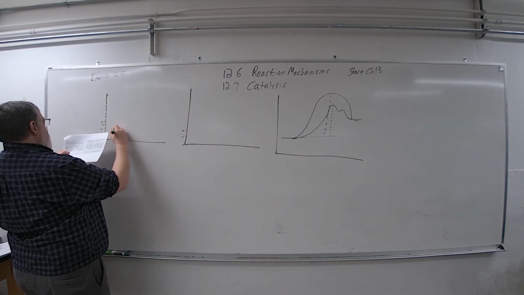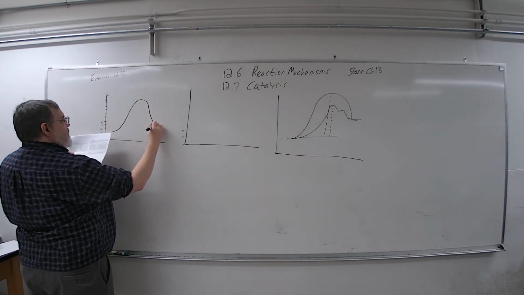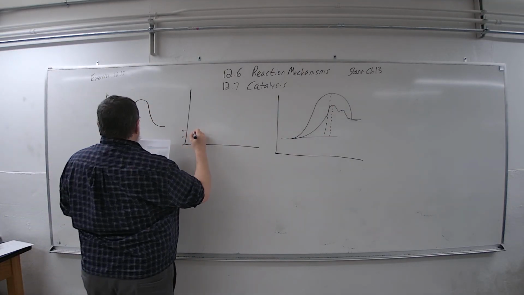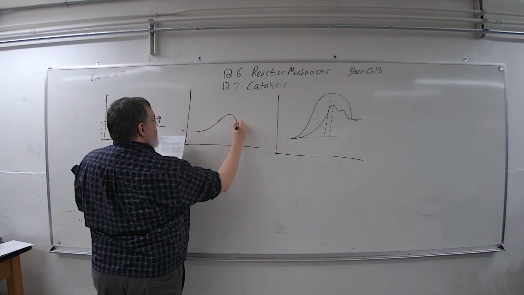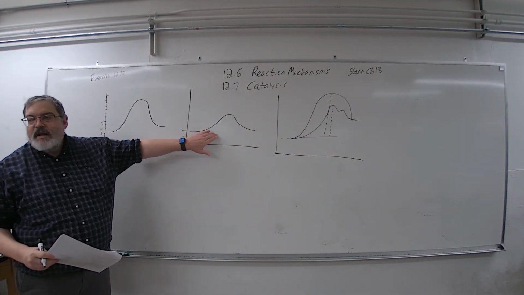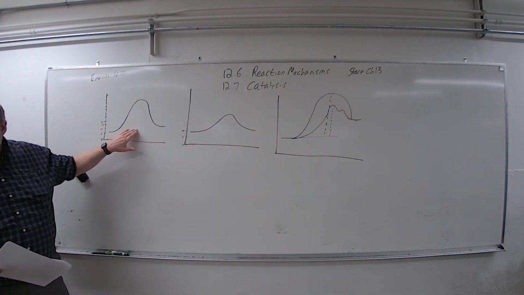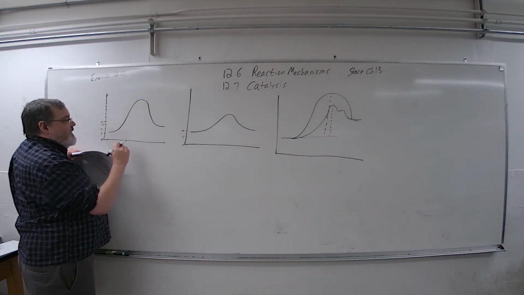And this one does something like, and this one does, and clearly this is the catalyzed reaction. This is the reaction without the catalyst. And they ask you to estimate the activation energy.